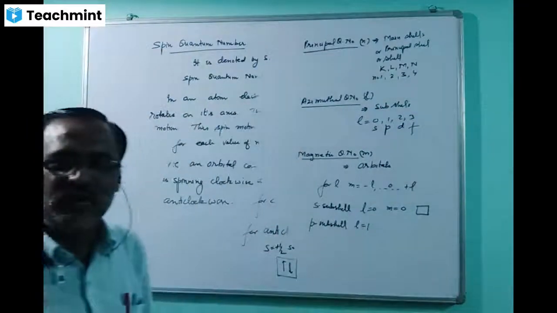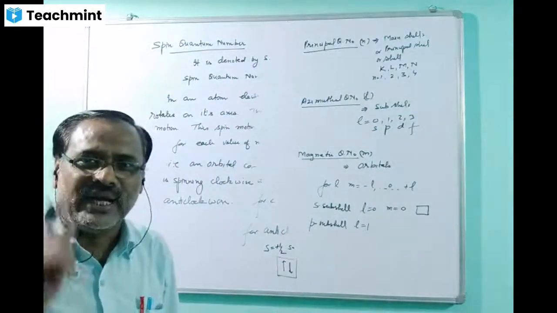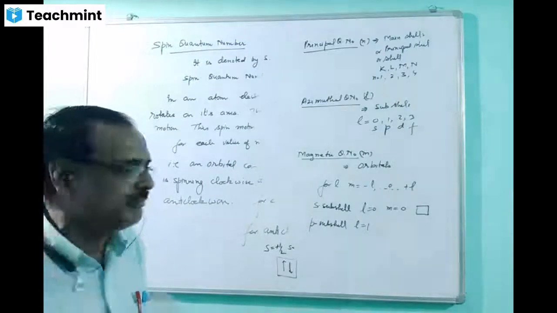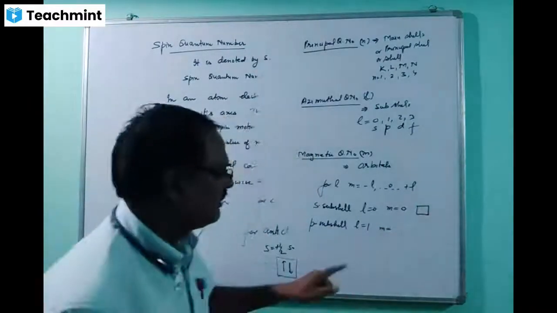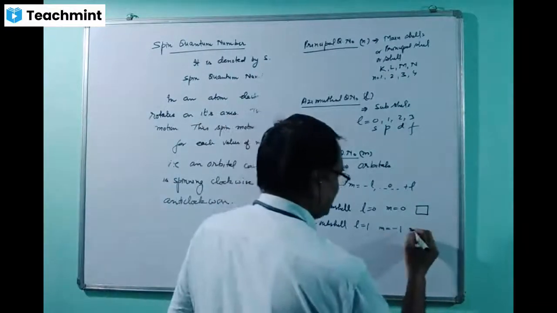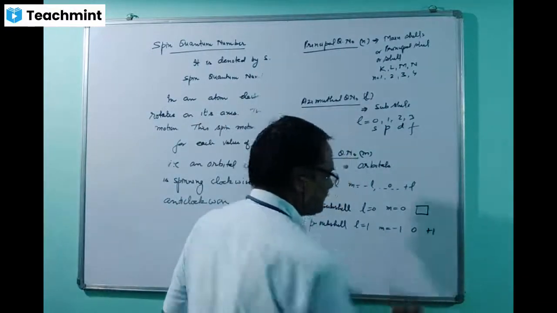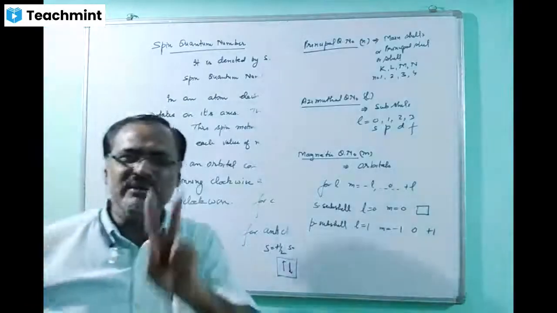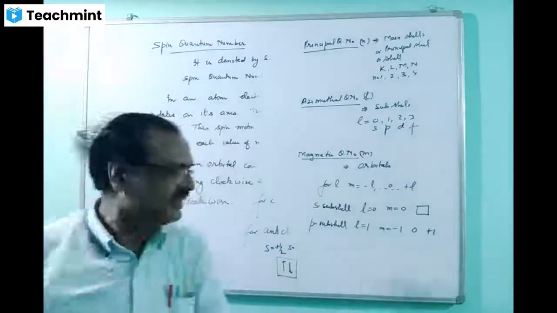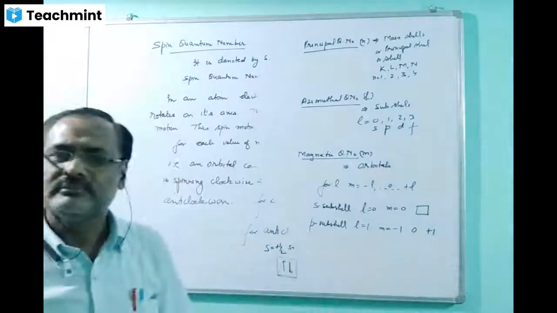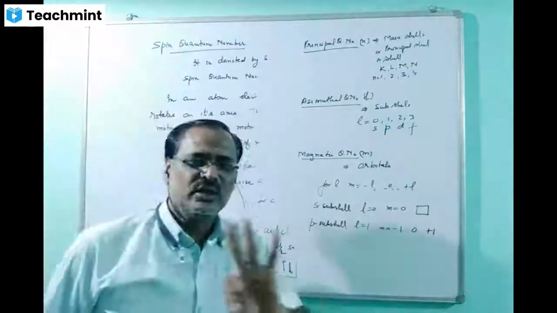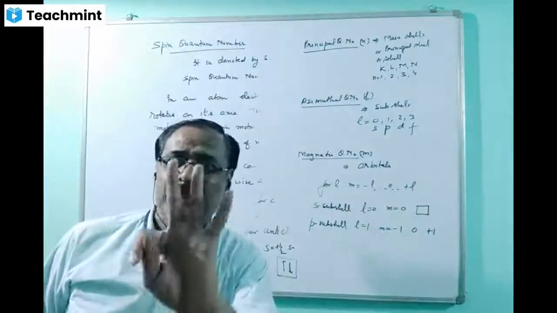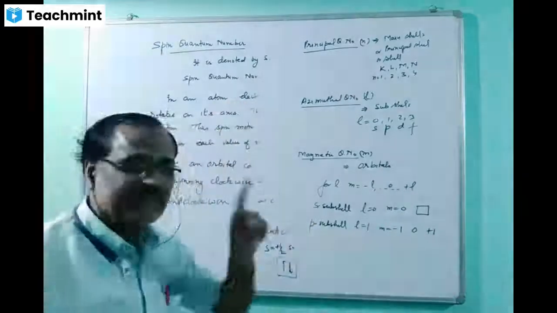And if the value of L is 1, find out the value of M. Minus 1, 0, plus 1. Absolutely correct. How many values of M do you get in the P subcell? 3 values. So 3 orbitals will be there in the P subcell.